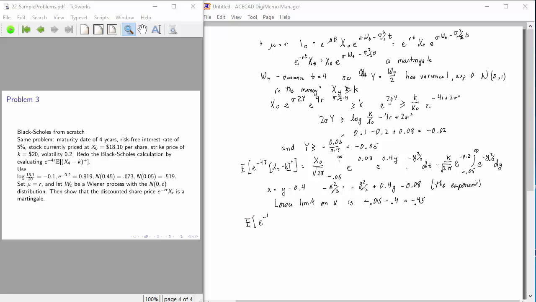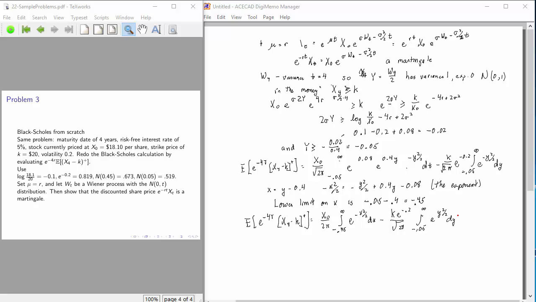The expectation of the discounted value of the option is the sum of two terms, X naught over root 2 pi times the integral now from minus 0.45 to infinity, e to the minus x squared over 2 dx, minus K times e to the minus 0.2 over root 2 pi times another of these normal density function integrals, this one from minus 0.05 to infinity. Different name for the variable of integration, but who cares?